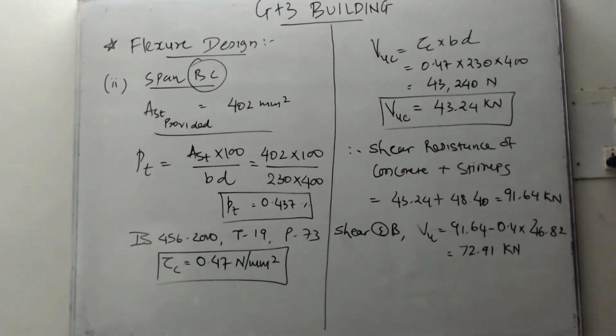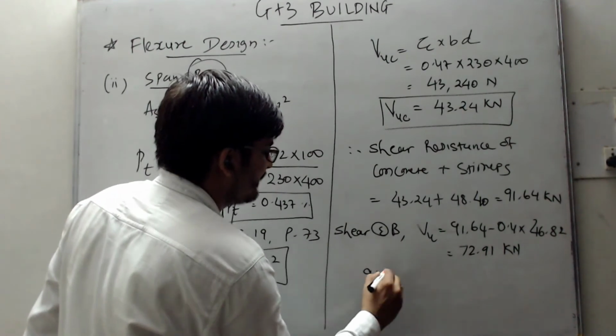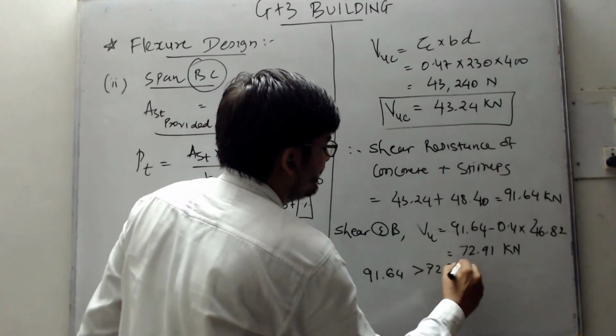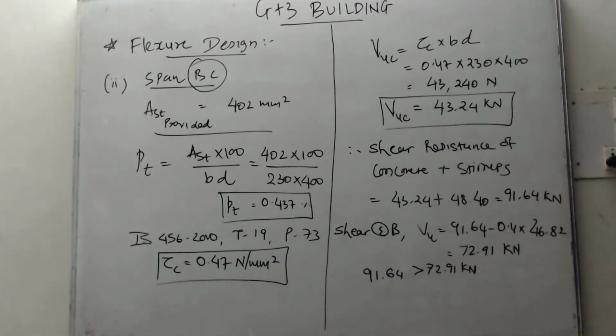After this we need to compare this value with the total. The total I am getting is 91.64. So 91.64 kilonewton is greater than 72.91 kilonewton. Therefore minimum shear reinforcement will be sufficient.